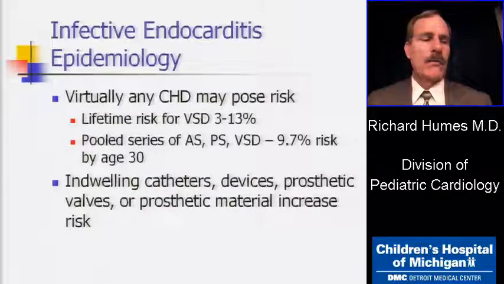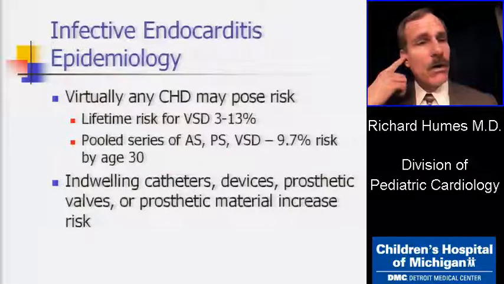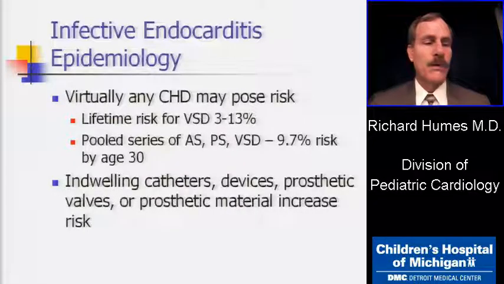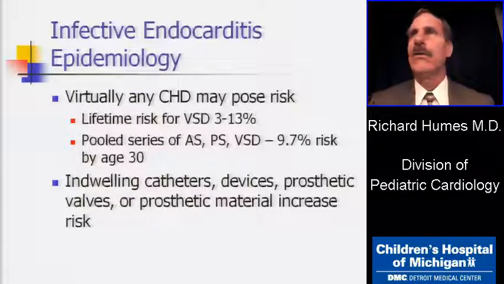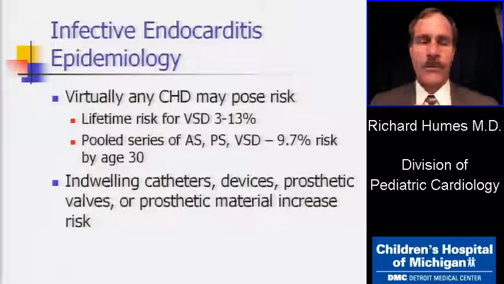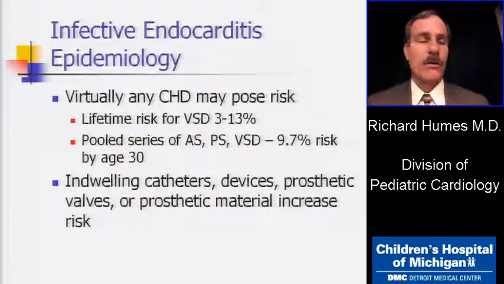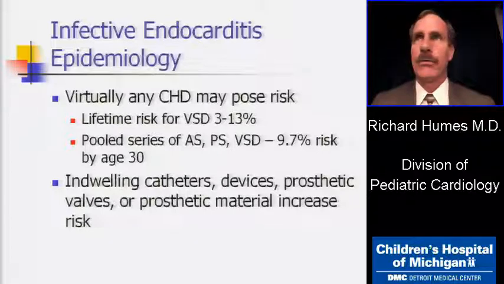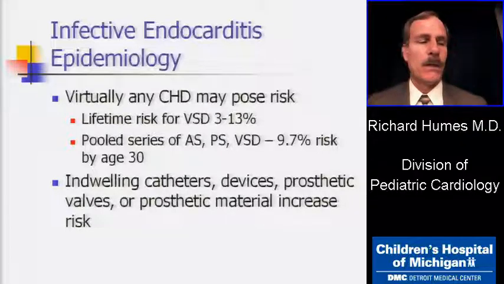Infective endocarditis: the epidemiology, the thinking on this is changing somewhat, but for now, virtually any congenital heart disease will pose somewhat of a risk for endocarditis. The lifetime risk for an unrepaired ventricular septal defect has been estimated anywhere from 3 to 13%.